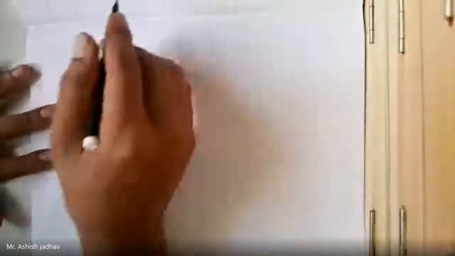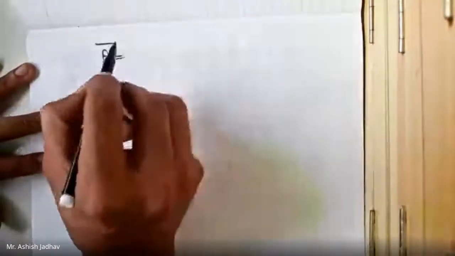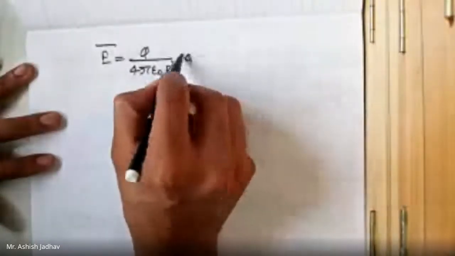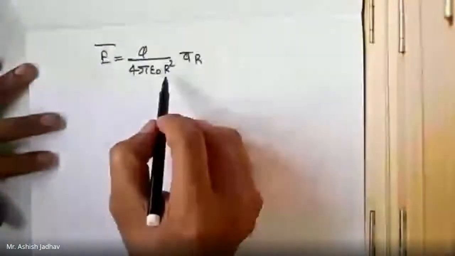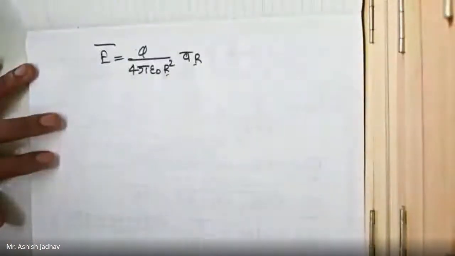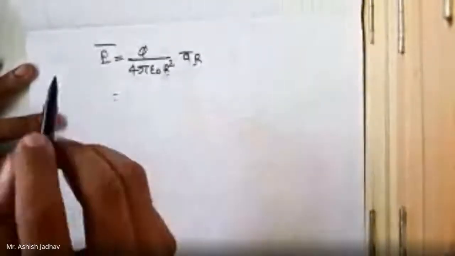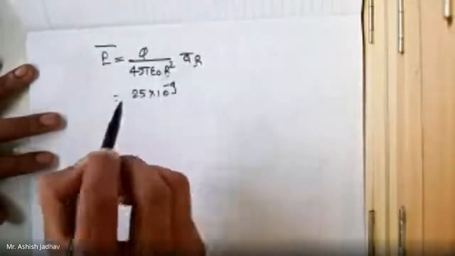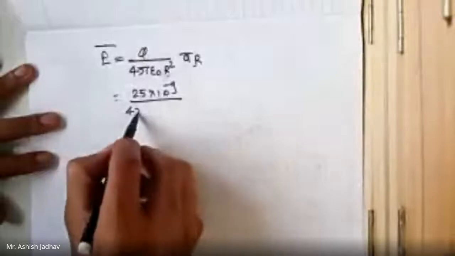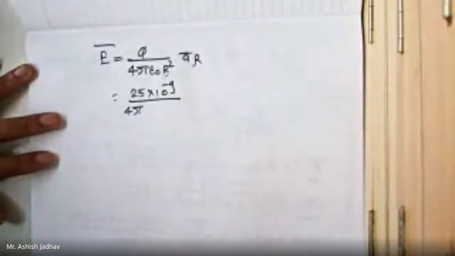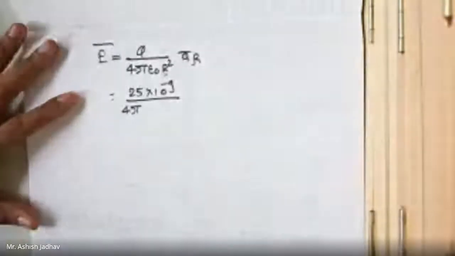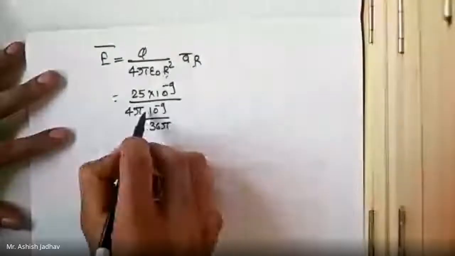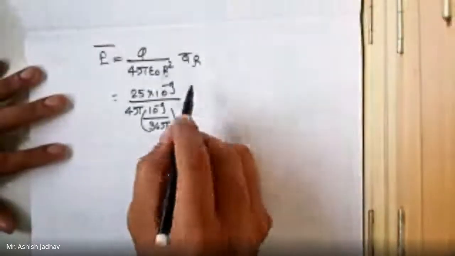E bar is equal to Q upon 4 pi epsilon naught R square a bar R. Value of Q is given, it is 25 nanocoulomb, so that is 25 into 10 raised to minus 9, divided by 4 pi as it is. Epsilon naught is 10 raised to minus 9 upon 36 pi. Correct, absolutely correct. Multiplied by, actually it is square of the magnitude.